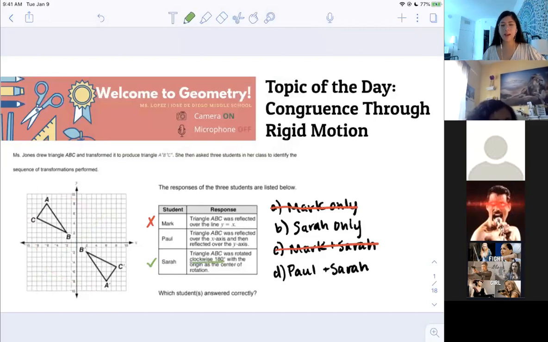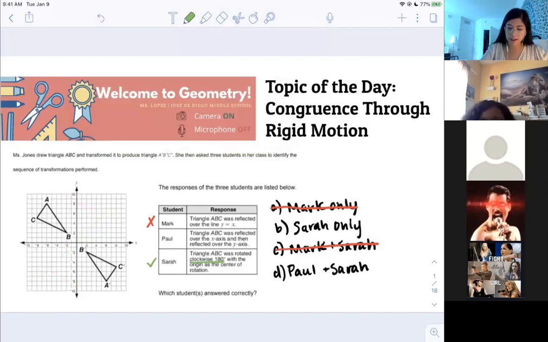Okay. Does anybody remember from a previous class? I think I said this last time. Does anyone remember something about how a 180-degree rotation is similar to something else? Perla. When you reflect over the x and the y axis, it's like if you were doing a 180 degrees rotation.